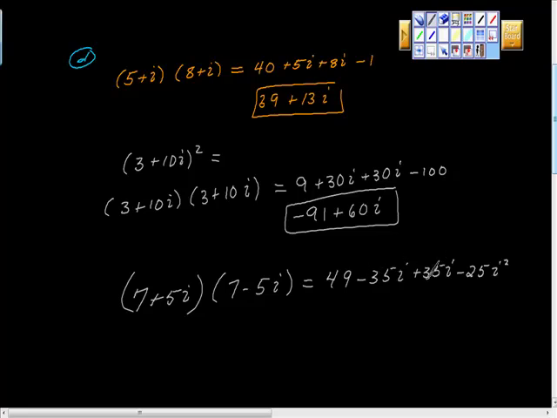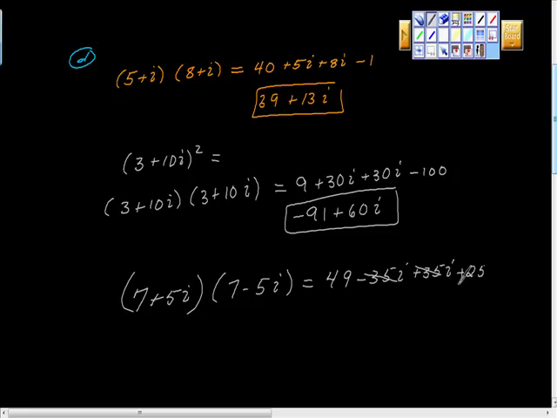What happens with this and this? Negative 35i, positive 35i? Yeah, you cancel. Very good. And what happens here? i squared is negative 1, and this is negative 25, so this becomes positive 25, right? Negative times a negative is a positive. So look what happens here.